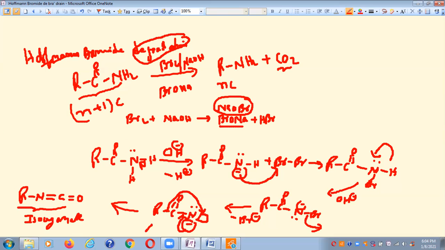Generally this part is also known as a ketene, an electron deficient species. Next, the hydrolysis of isocyanate: the two hydrogens come here and oxygen goes there, so now it becomes RNH2, and that part will be converted into carbon dioxide. So this is the mechanism of Hoffman degradation.